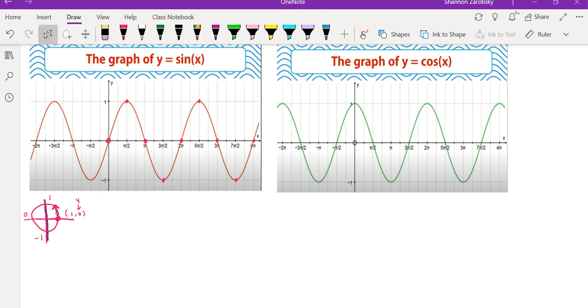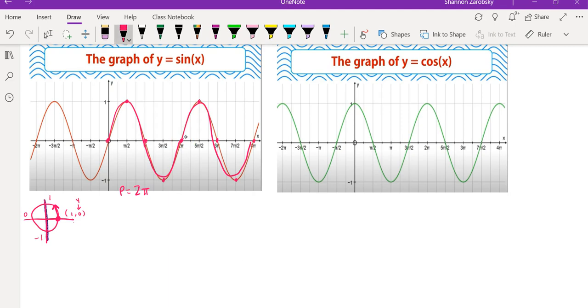So this would be 2 times around the circle, okay? From 0 to 2 pi, that's a period of 2 pi. It takes 2 pi units to get around the circle one time. Well, 2 pi plus 2 pi is 4 pi, so that's 2 full rotations.